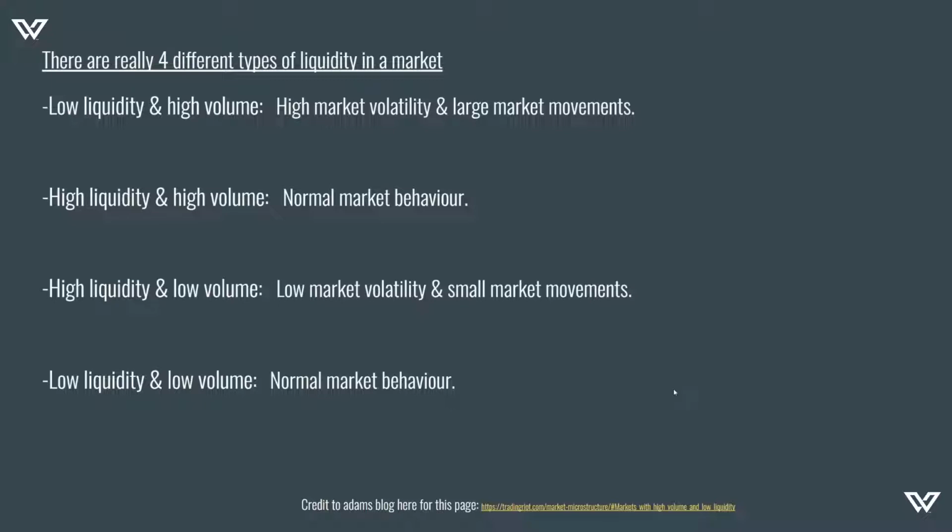High liquidity and high volume is normal market behavior. High liquidity and low volume gives low market volatility and small market movements, and also low liquidity and low volume is usually normal market behavior. High liquidity and high volume is usually things like the S&P 500.